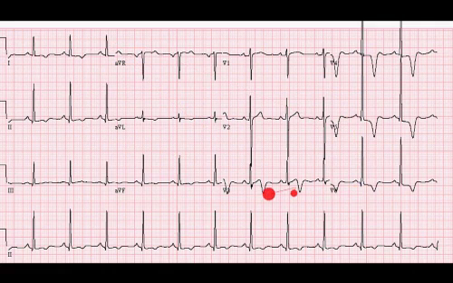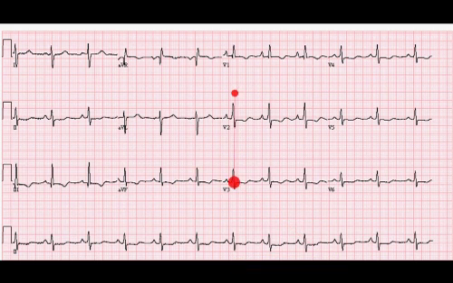I cannot call it left ventricular strain, even though there is left ventricular hypertrophy, because it's leaked into V3, and it's mostly symmetric T-wave inversion. So we would call this anterolateral ischemia, and it's very abnormal. And that's all I'll say.